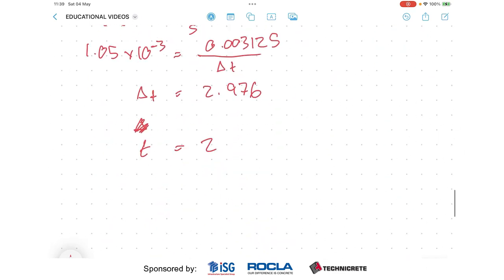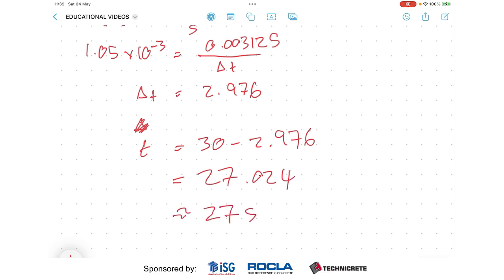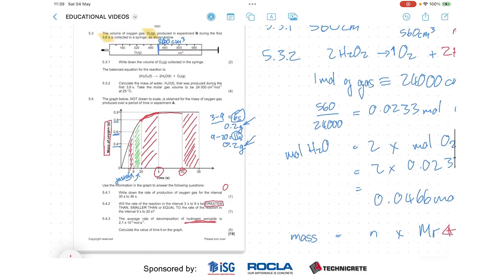So to get the previous one, what we would say is 30 minus this, and then, yeah, we get something close to the answer. Okay. All right. That's better.